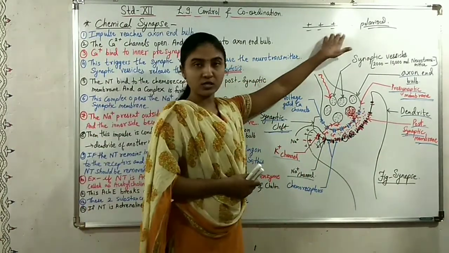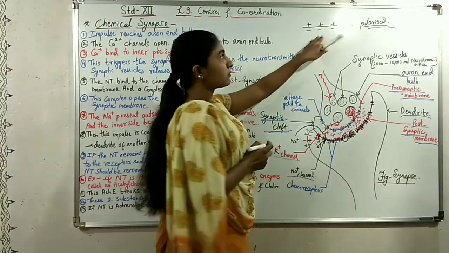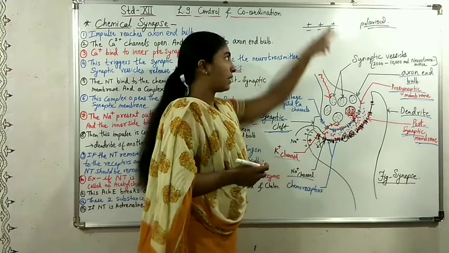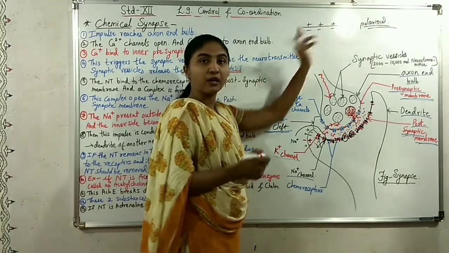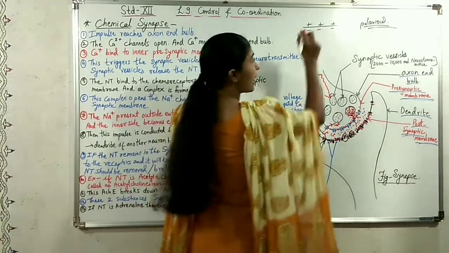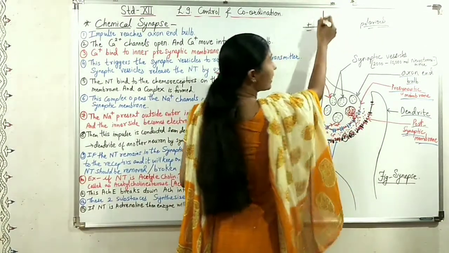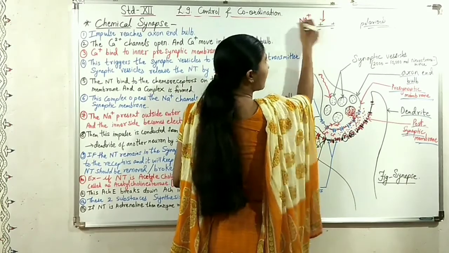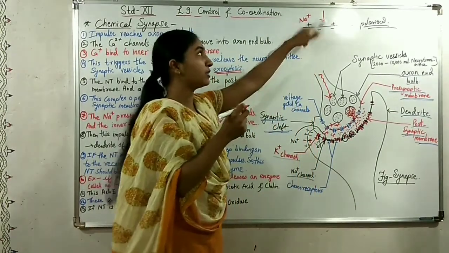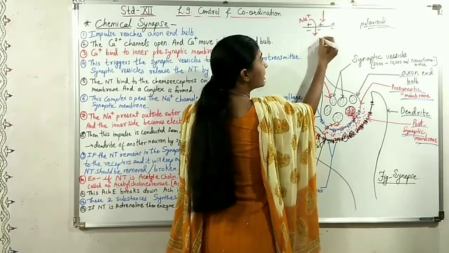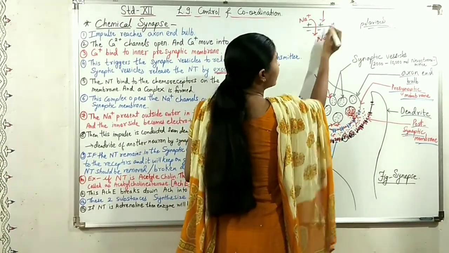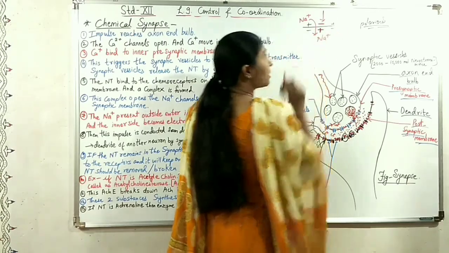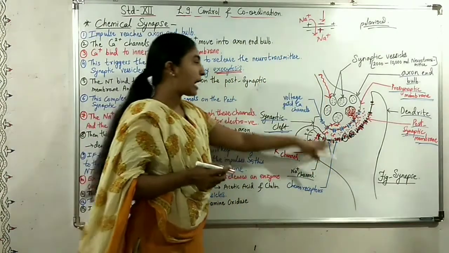We talked about this here. As the stimulus is provided to the membrane, at one point the sodium ions present on the outer side of the membrane enter inside, and the inner side becomes electropositive and the outer side becomes electronegative. Same thing happens over here.